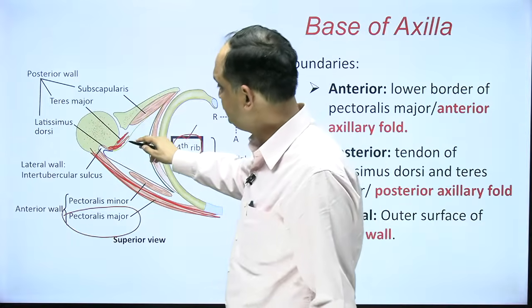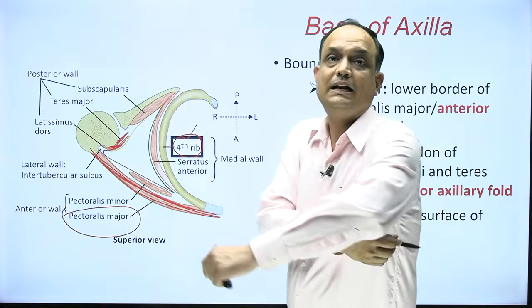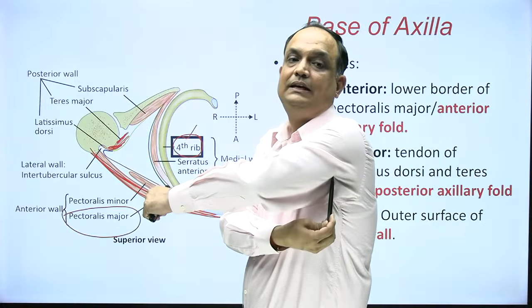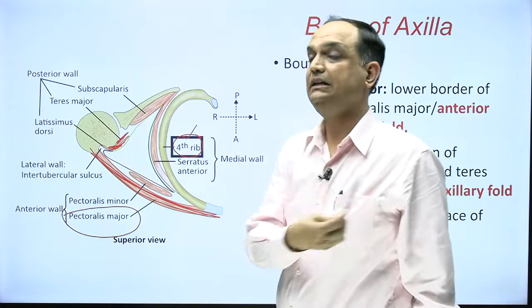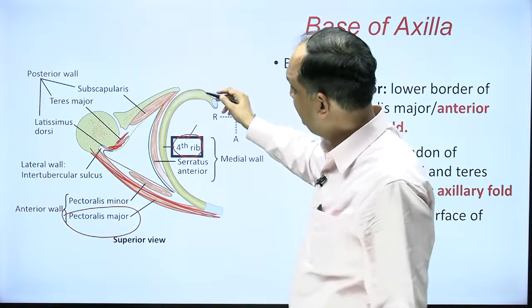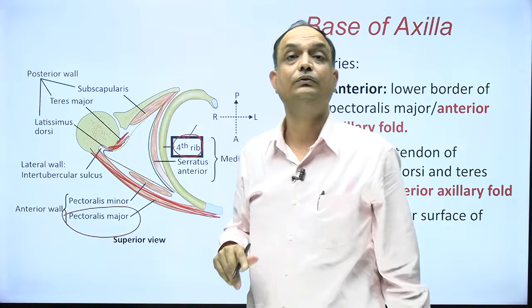These two muscles form the posterior axillary fold because they are coming from the posterior side and they will insert on the humerus here. So this is the posterior axillary fold, this is the anterior axillary fold, and along with that on the medial side you will have the outer part of the fourth rib.